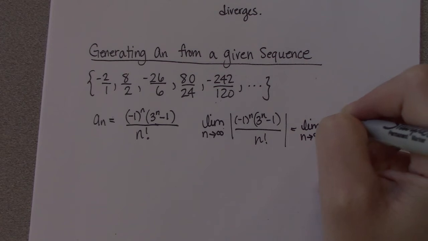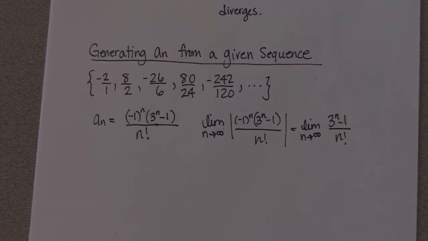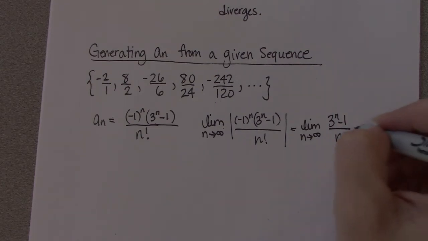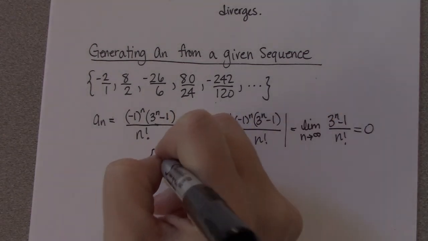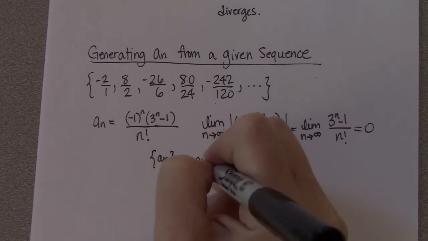All the absolute value does for me is take away the -1. So does anybody recognize this limit? What's it going to be? 0. You have an exponential in the numerator and a factorial in the denominator, and we said that factorials dominate exponentials. So this guy's 0. So now we can say a sub n converges to 0.